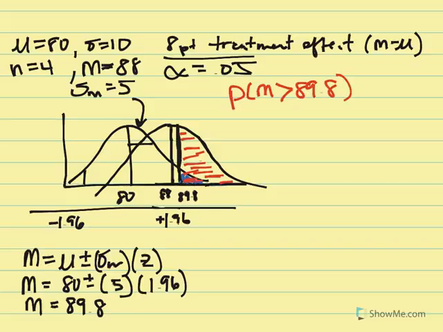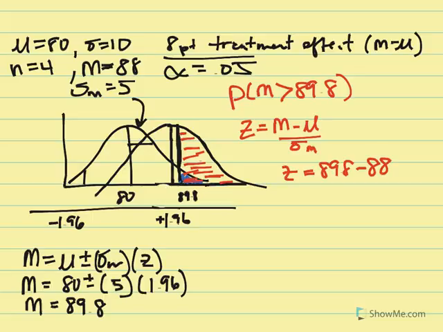To answer this, we're going to need to convert that sample mean into a z-score. So z is equal to M minus mu divided by our standard error. Z is equal to 89.8 minus, and again, it's the treated population, which is why I'm writing in red, and therefore I'll change this over here and make that mean 88.